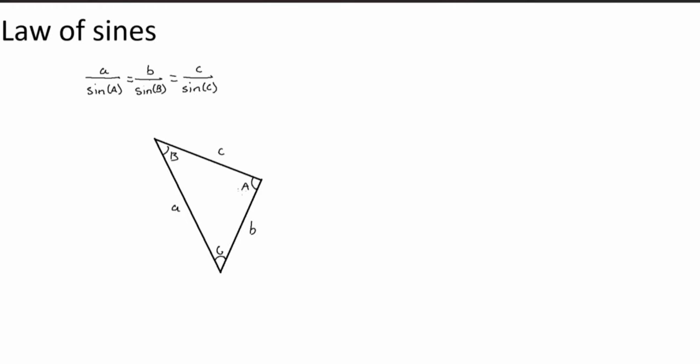Whatever this side is, divided by the sine of its angle, is proportionate to this side divided by the sine of this angle, and that's all equal to this side divided by the sine of this angle. I hope that helps you visualize the law of sines.